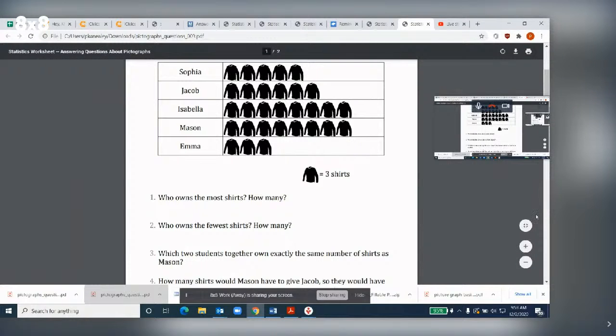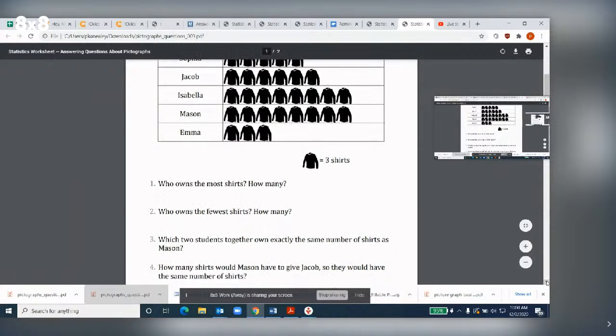So Emma has 3 and Sophie has 5, and together those 2 have 24 shirts. So for number 3, it would be Sophie and Emma, because remember Mason has 24, so you're trying to figure out 2 other students who together have 24 shirts.